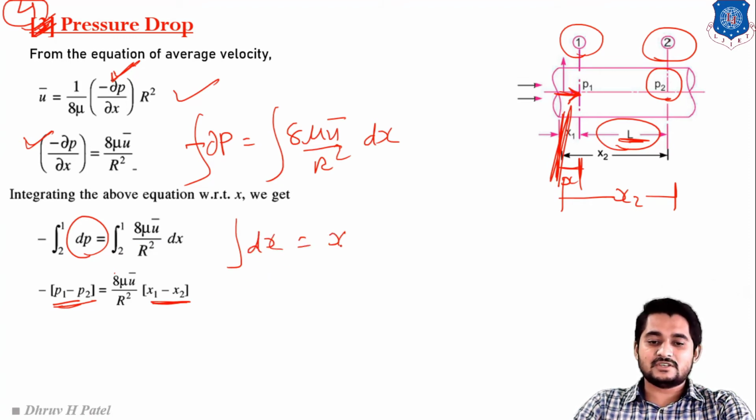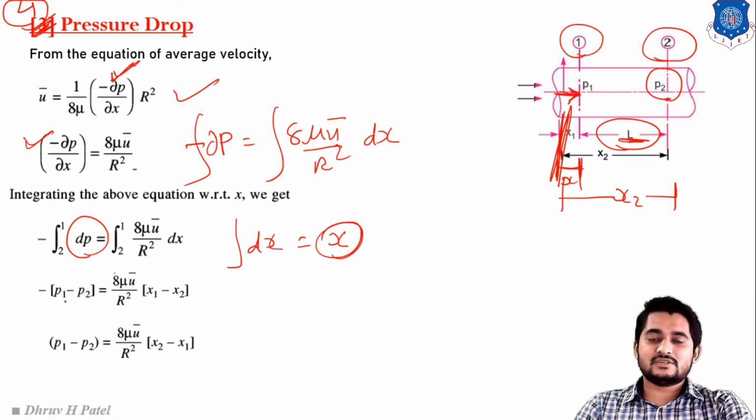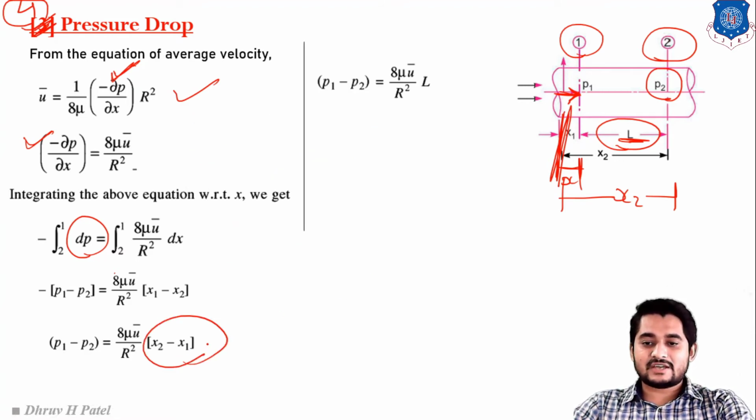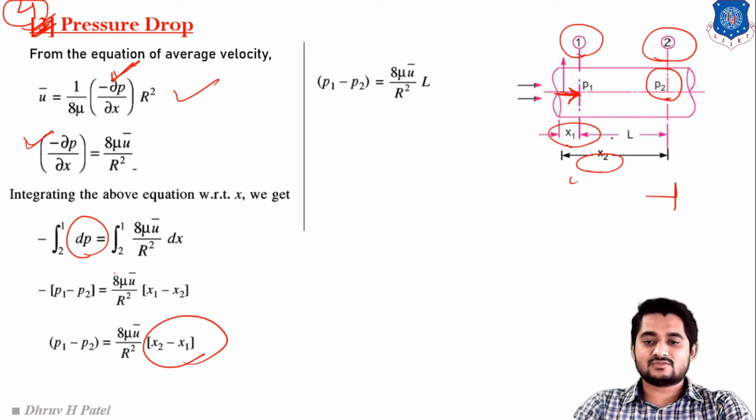Integration of dx will be simply x. So if you put limits, then it will become x1 minus x2. From rearranging the equation, P1 minus P2 is equal to 8 mu u bar divided by R square into x2 minus x1. Clear students? Now from the sketch, x2 minus x1 will be our length L.